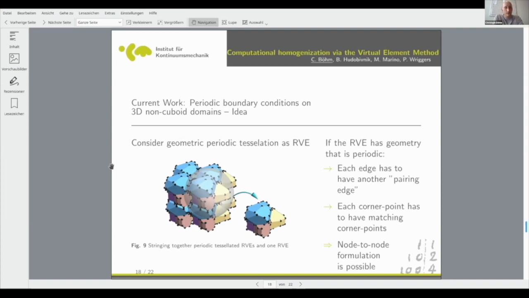Since this RVE is periodic in its structure itself, this means that every corner point, which in the virtual element formulation is a node for us, every node has a pairing node, which means that we have a node-to-node formulation even for this unstructured geometry, and I would say unstructured mesh. This is a great advantage because we can apply periodic boundary conditions, and we will have no additional nonlinearity because we have a node-to-node formulation in these periodic boundary conditions.